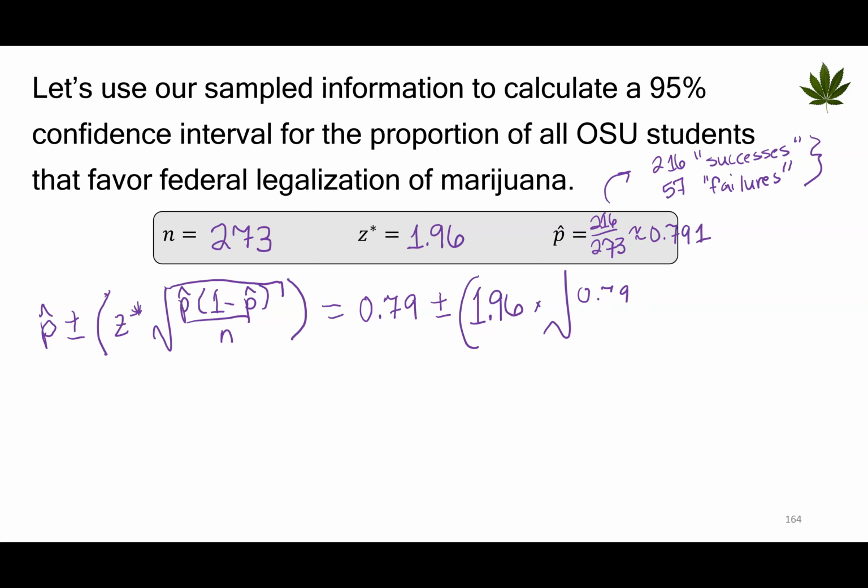Always go at least 2 places past the decimal. Honestly, most of the time I'll go further out. When I actually plugged this into my calculator, I didn't round the 216 over 273, so if you get slightly different answers, that's most likely why.